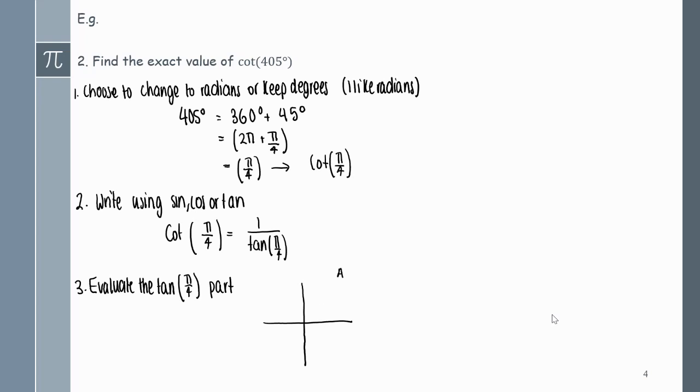I'll just do the unit circle just in case for a refresher. So I have pi on 4. I know the sides for this triangle are 1 on root 2, and the hypotenuse is 1. Tan is positive here, so I know that tan pi on 4 is 1 over root 2 over 1 over root 2, which is just 1.